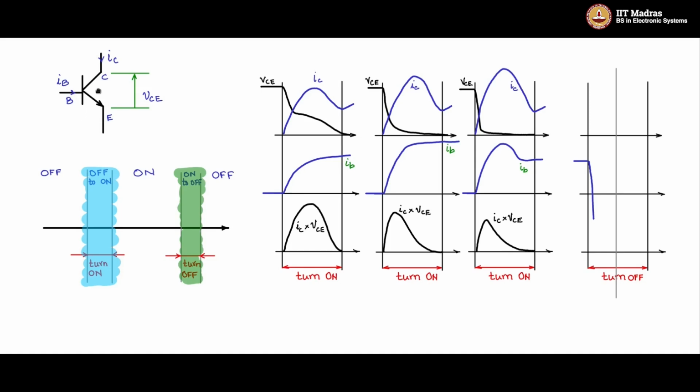Remember that the BJT is a semiconductor device, and there is some base charge which is stored in the base capacitor of the transistor, and that has to be released, and that has to flow out in the negative direction. So that is this negative base current, and then as the base charge gets removed, you will see that the base current finally dies down to zero.